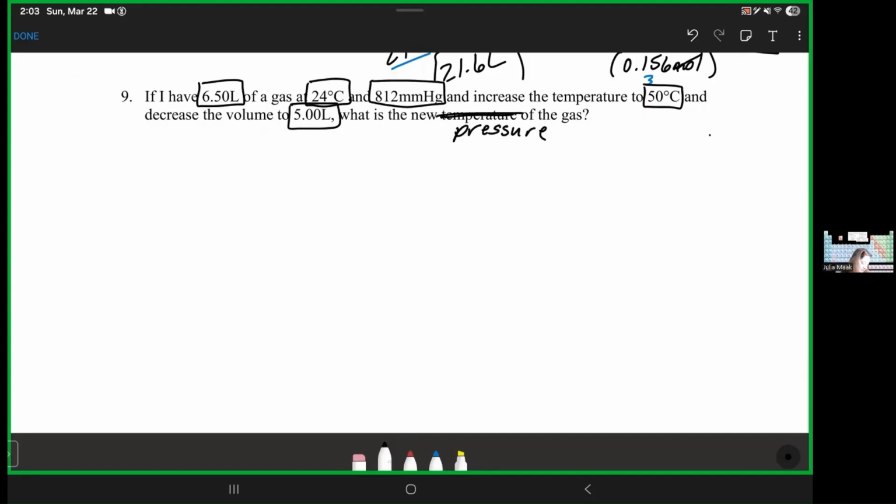Okay, so I've been given 2 volumes, 2 temperatures, so I know I'm going to have to use the combined law. So P1, V1 over T1. Moles or grams of gas was never mentioned, so I'm going to leave N out. So P2, V2 over T2. And we have all of those in there, so I'm going to track them all.